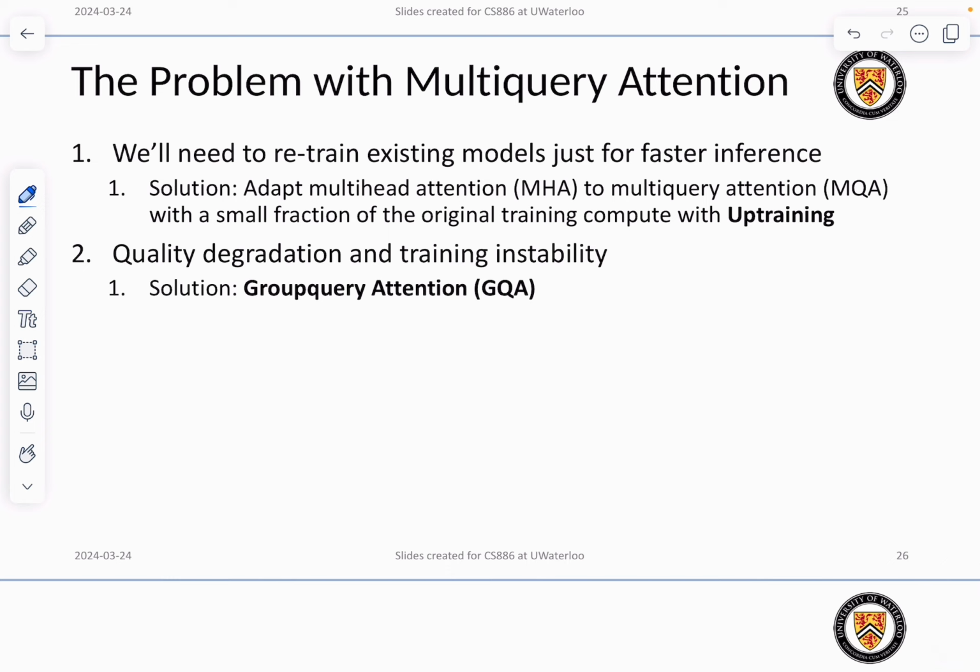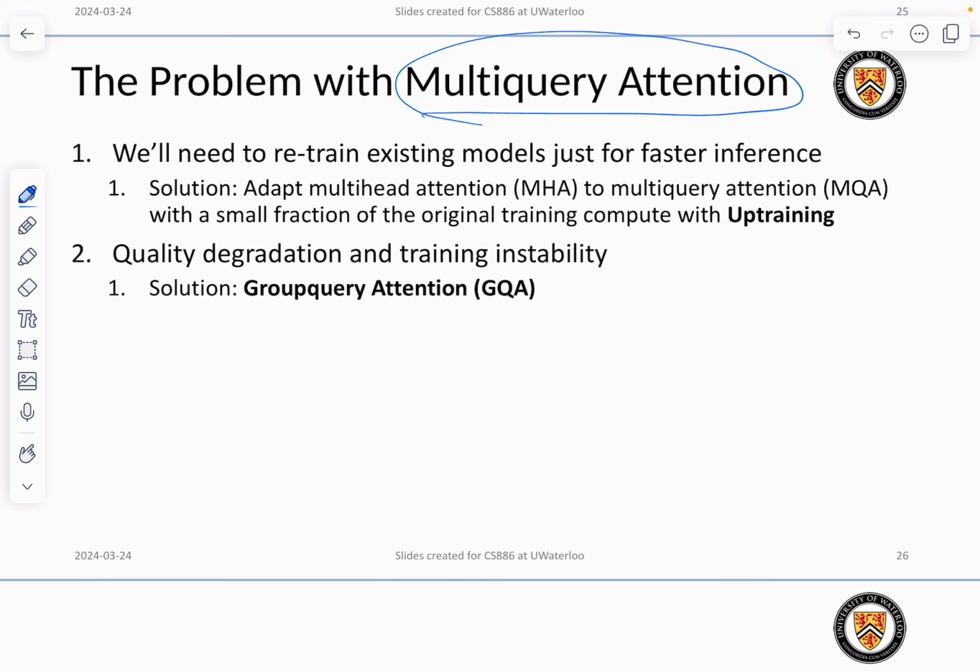Yeah, so there are still some problems with multi-query attention. There are basically just two big problems. The first problem is that if we already have, say, OpenAI trained GPT-4 and spent like $2 billion on it or something, and then now you say, oh, what you really should do to speed up your inference is use multi-query attention.